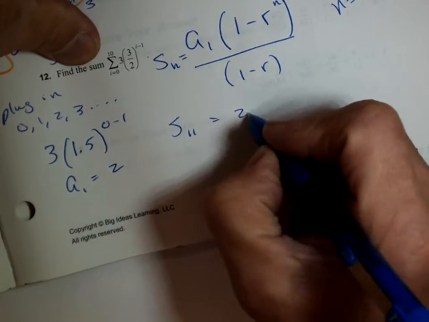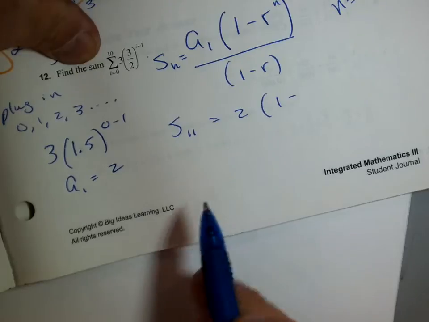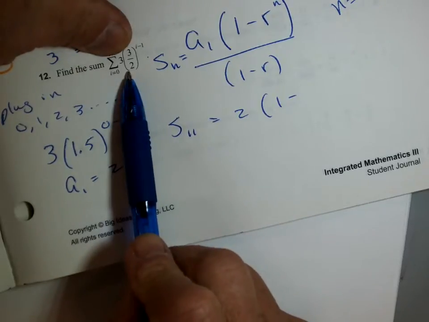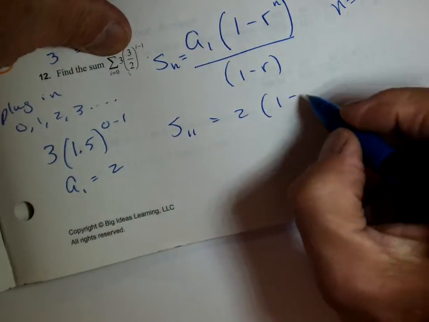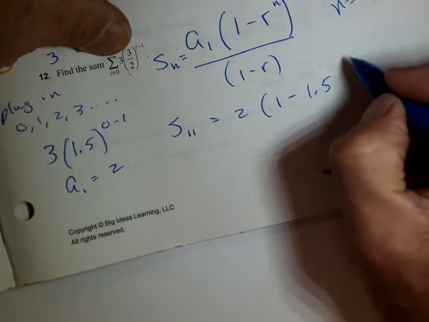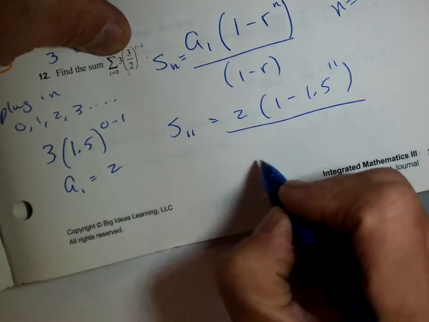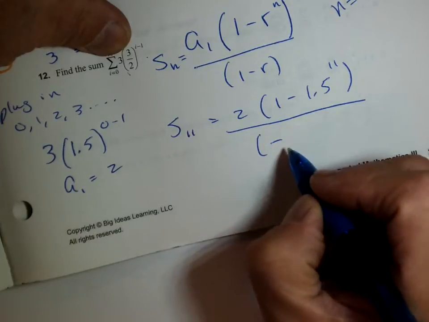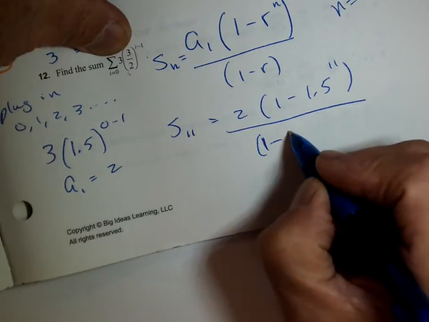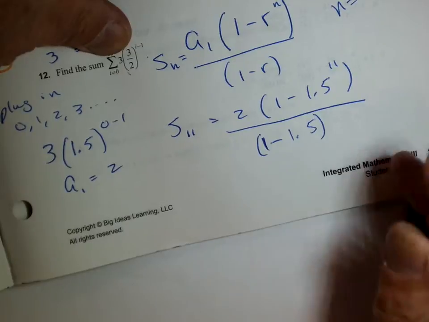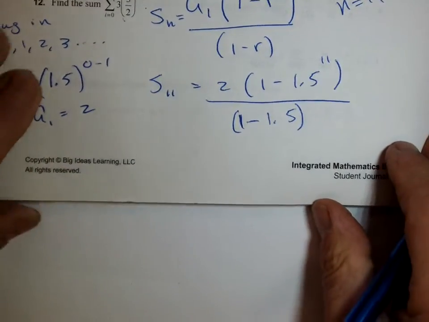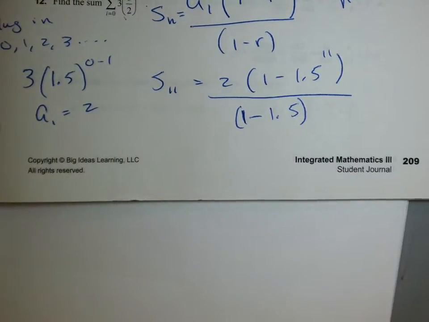A1 is 2. 1 minus my multiplier, which we know is 1.5 or 3 halves, to the 11th power, divided by 1 minus my multiplier, 1.5, in parentheses. I'm going to be really careful with my calculator, making sure I use my parentheses in the right spot.